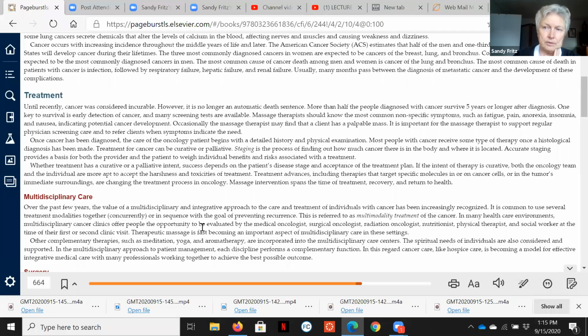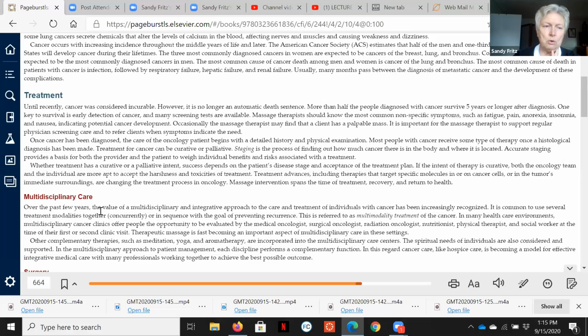Certainly, if there's active care going on, active treatment, there's going to be a multidisciplinary situation. And cancer treatment centers were one of the first medical environments to reach out and be inclusive with massage therapy. And there's been a lot of research related to the value of massage therapy in comfort care.